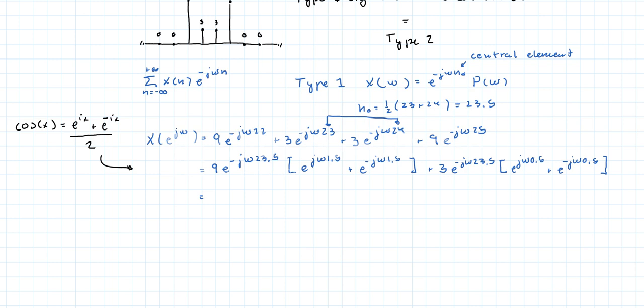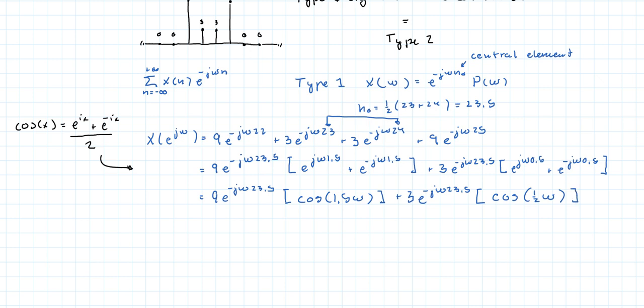What that's going to give us is 9 e to the minus jw 23.5 times cosine of 1.5 omega, plus 3 e to the minus jw 23.5 times cosine of 1/2 omega. Sometimes I say w and omega.